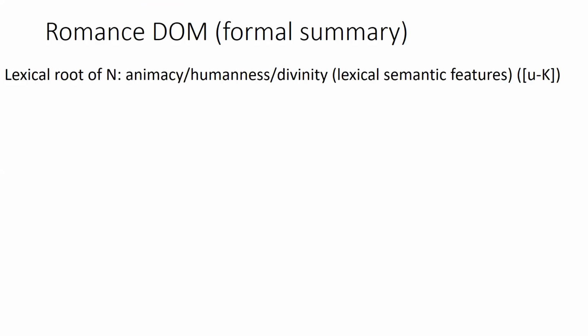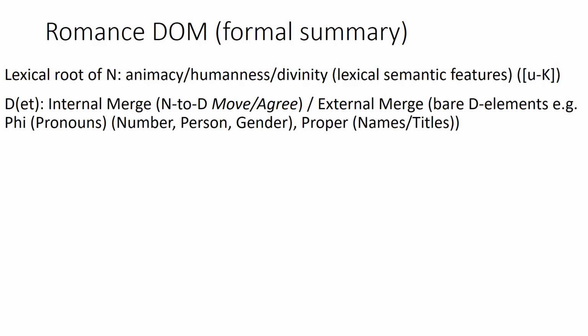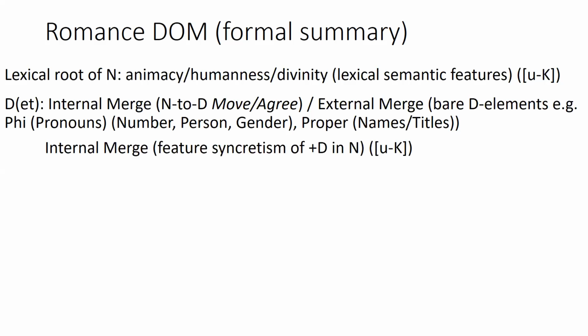Okay, so if I just give a formal summary of Romance DOM: the lexical root, if it's animate or human or divine, may trigger DOM. In the D layer, we get an internal merge or external merge. So the various types of D elements may also trigger DOM.